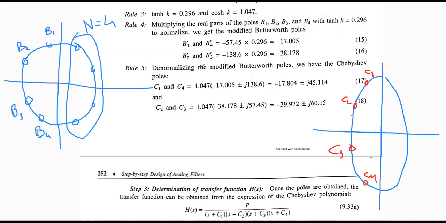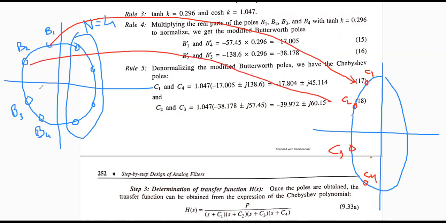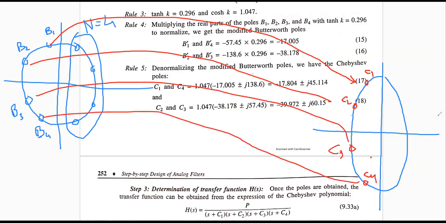You got my point. So now B1 is converted to C1, B2 converted to C2, B3 converted to C3, and B4 converted to C4. And it looks like an ellipse, and that's why it is also known as an elliptic filter.